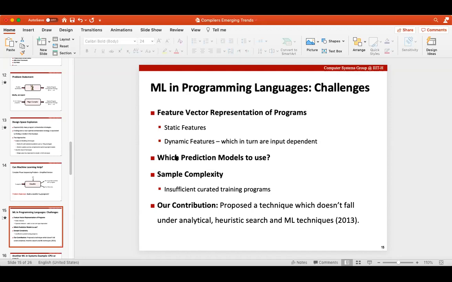But if you want to collect training data for programs, it's extremely hard, because writing programs is not as easy as taking pictures. So this is a very hard problem.